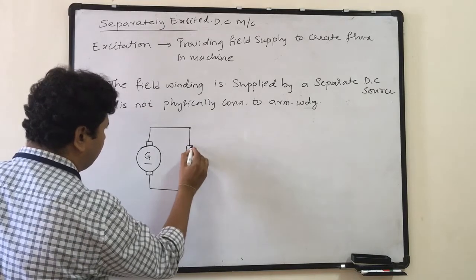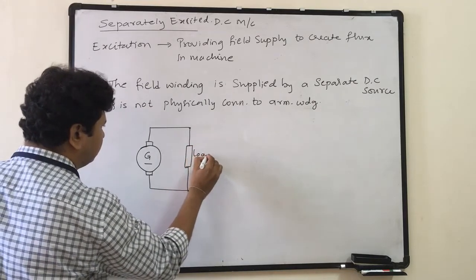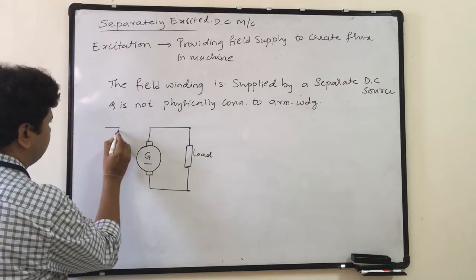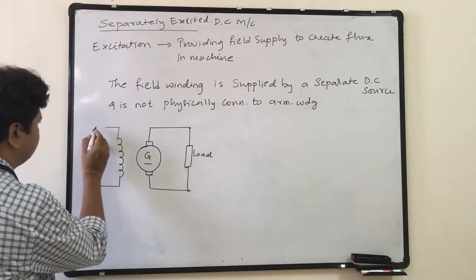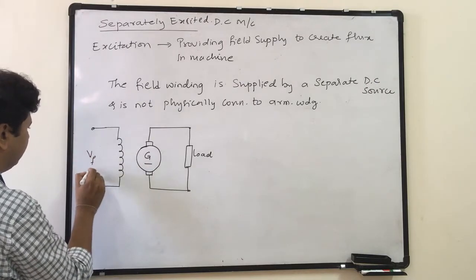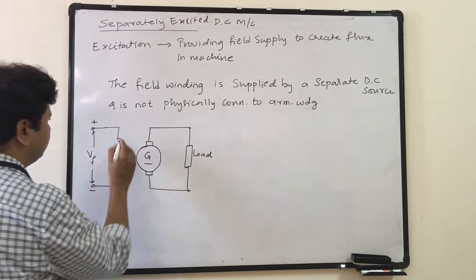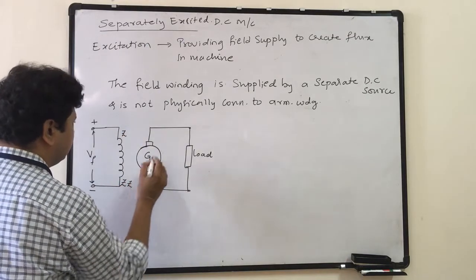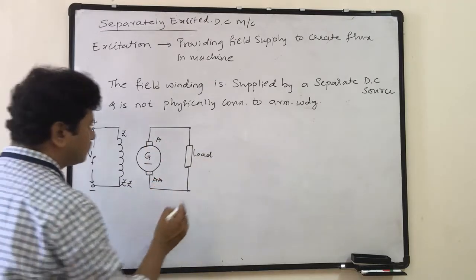These are the load terminals connected with the load. Okay, and we have the field coil supplied by a separate DC source of VF volts. So this is Z, ZZ, A, AA.